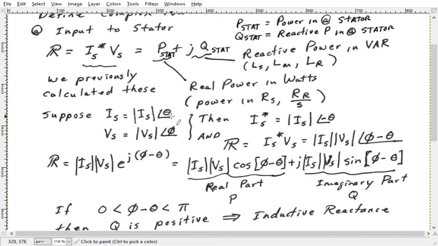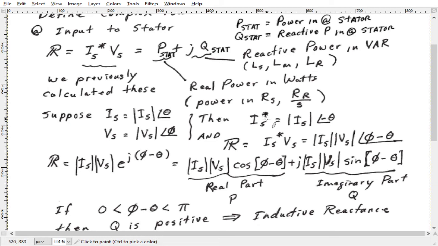And here, let's see, what else am I doing? Real power, RSR. So if we look at this component here, notice that this is going to include power loss in the stator resistance as well as power that's transferred from the stator to the rotor, which is RR over S. Now suppose that IS, this is a complex quantity, has this angle theta, and VS has this angle phi.